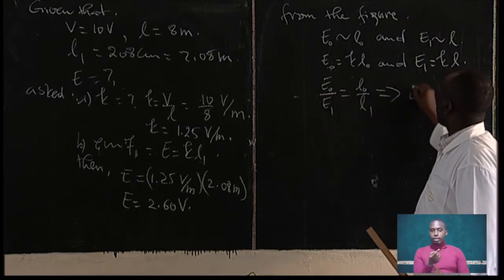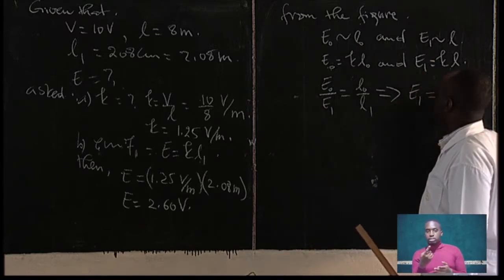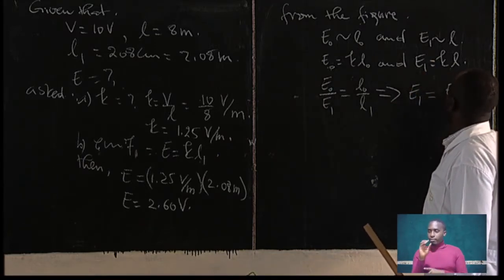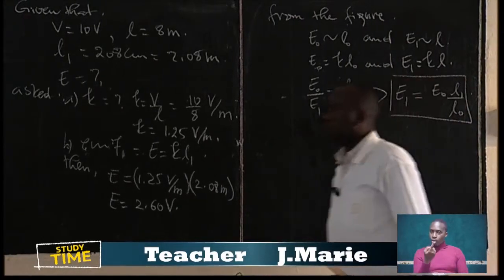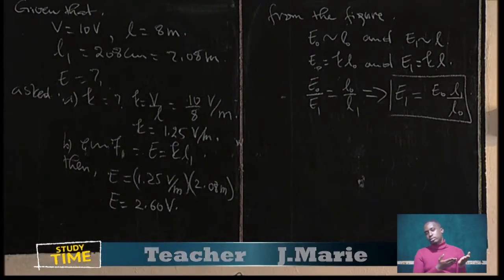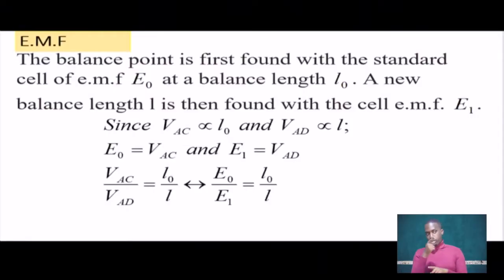So then from this one, you can calculate E1, that is going to be equal to E0 times L1 over L0. So I think that you can determine one of the data that was asked when you have a problem. So this is what I came now to explain into that equation, okay? So we have the equation there, the same as what we have determined, right?